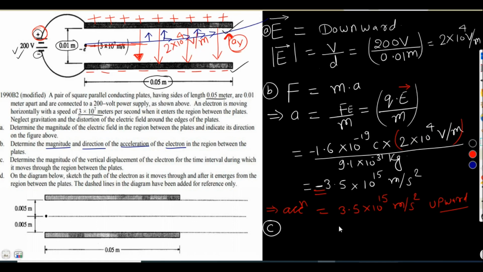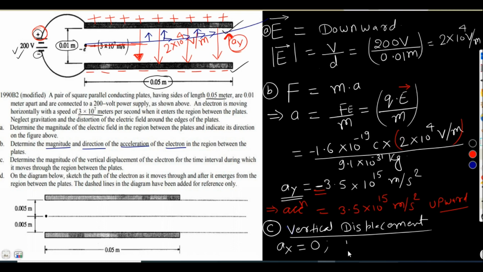So what we can do to find the vertical displacement, right, we have to find its vertical displacement. Since this acceleration is in the y direction, acceleration in the x direction will be 0 because the force in the x direction is 0.